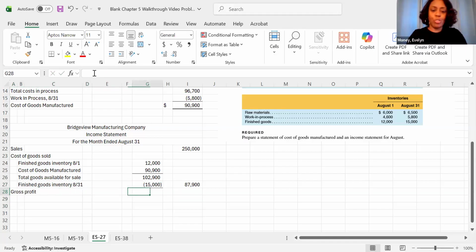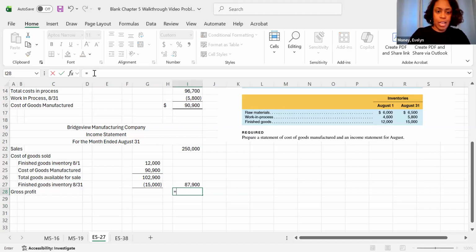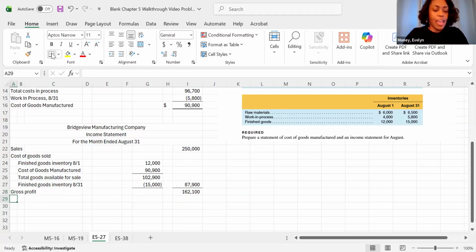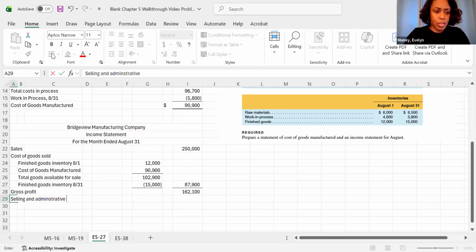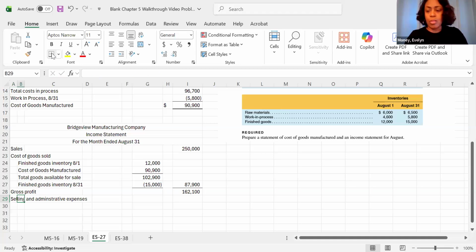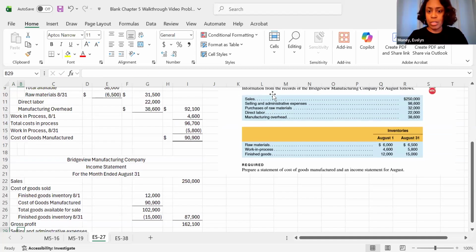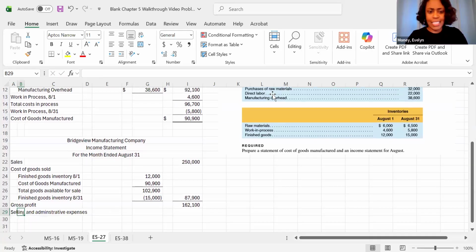All right, so we're going to take gross profit, which is the difference between our sales and our cost of goods sold. Line goes there. And then we can finally subtract out selling and administrative, which I don't know what those are, 98,600.